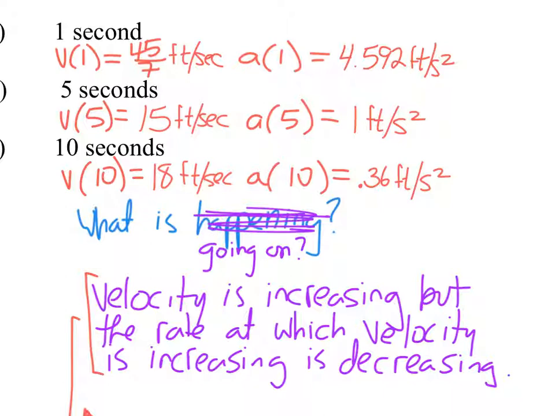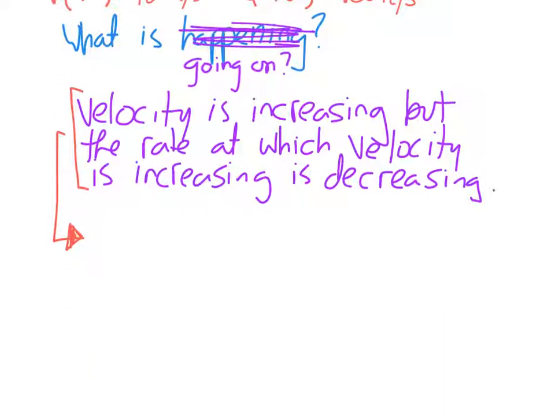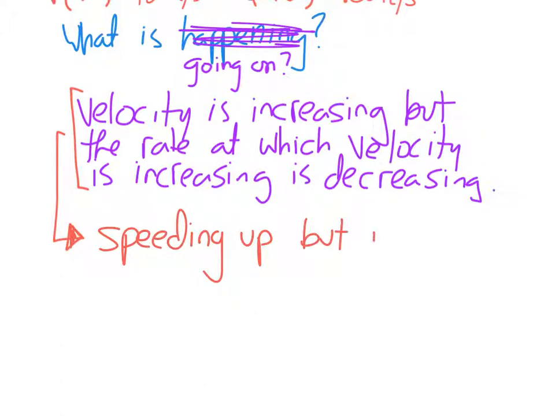So if you were to say this in simple terms, like you're driving a car, what's going on? You're speeding up, but you're not speeding up as much as you were before. That is simple terms. Both would be fine. Depends on the question.